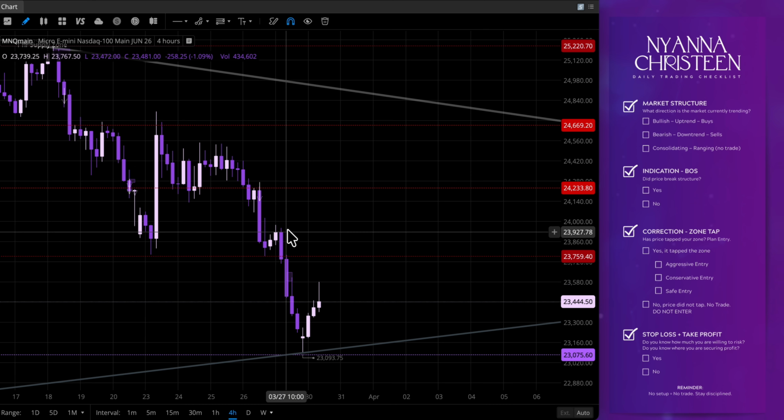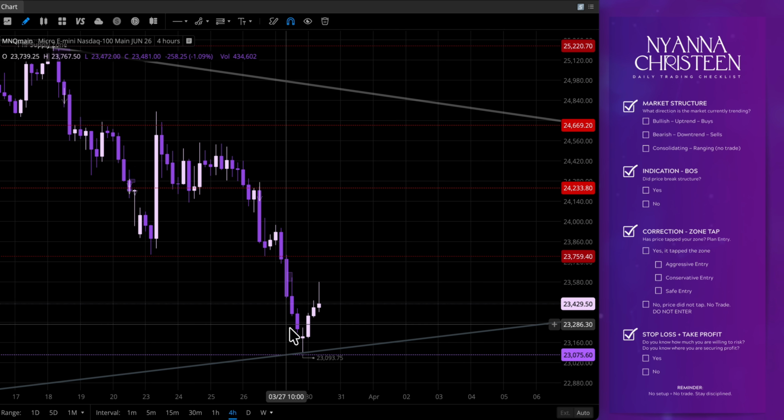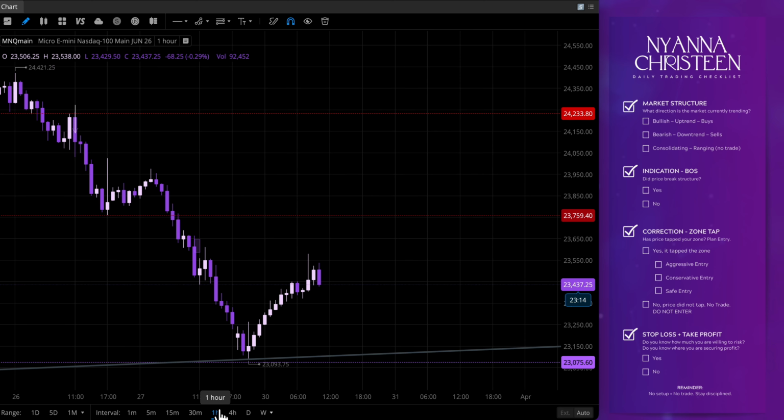On the 4 hour, price came back. It didn't come back to this zone, but it's doing something. Let's see. Oh, it came back to this 1 hour zone. Okay, let's make this 1 hour zone.